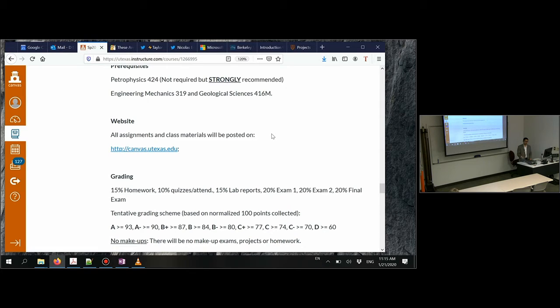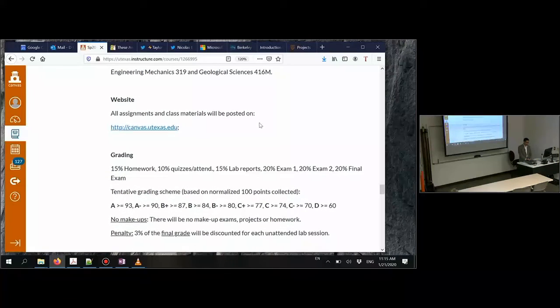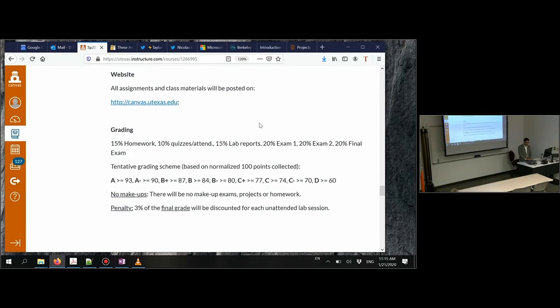I assume that you already know these, or sonic velocity of rock that we need here in geomechanics. If you haven't taken petrophysics, let me know, okay? But I strongly recommend that you have petrophysics already in your background.